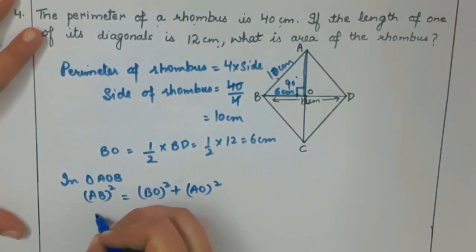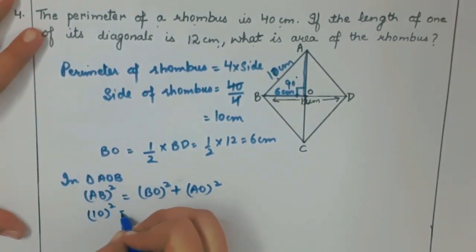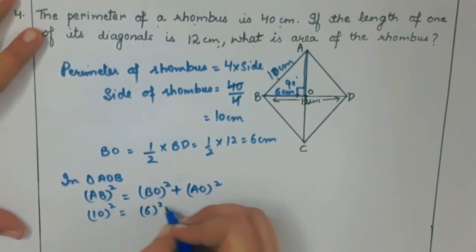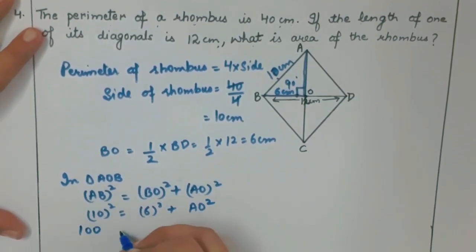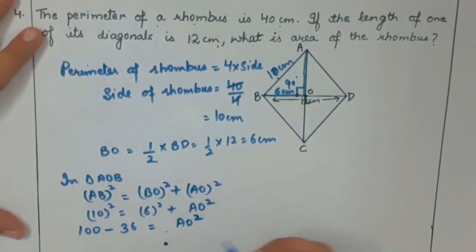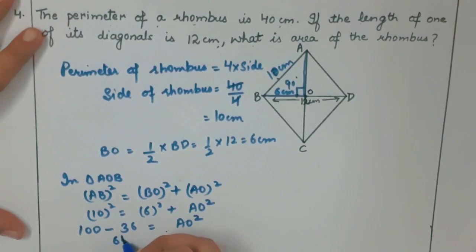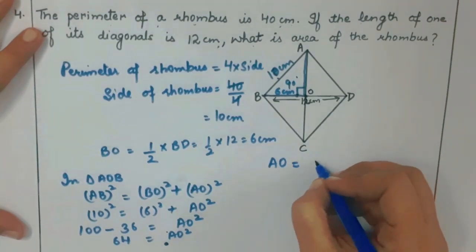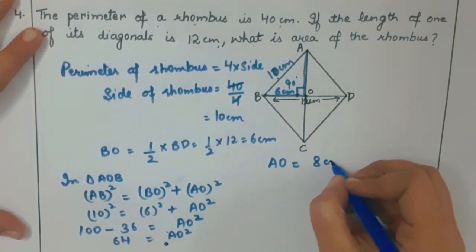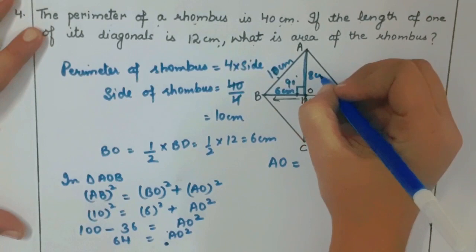Now 100 minus 36 is equal to AO square. Now 64 is equal to AO square. Therefore AO is equal to 8 centimeter.